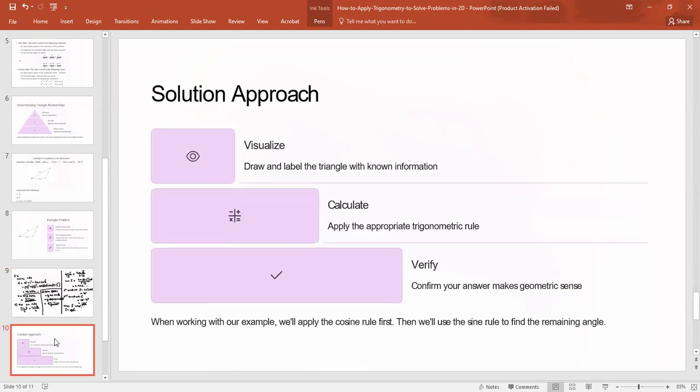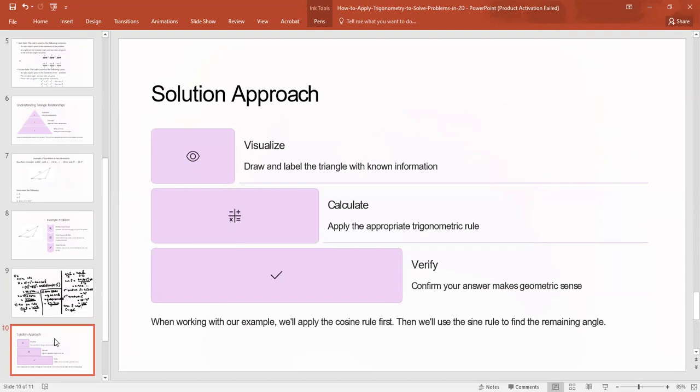So what can we recap from what we've studied so far? When you're given a question, if you're given a sketch, it's good to visualize it nicely and be able to have the information given to you. Next, you have to find the appropriate trigonometry rule to apply based on the known information. And after that, you have to confirm your answer.